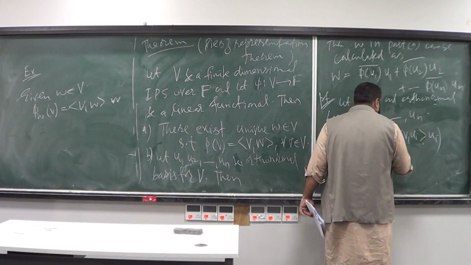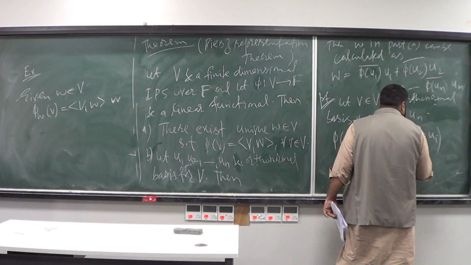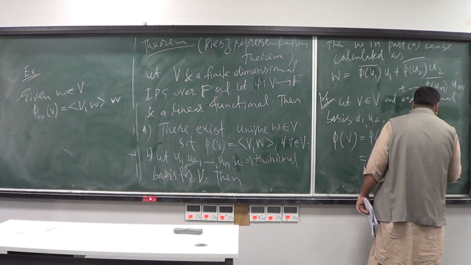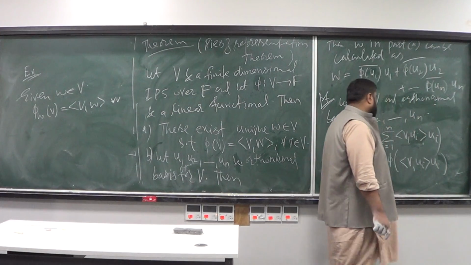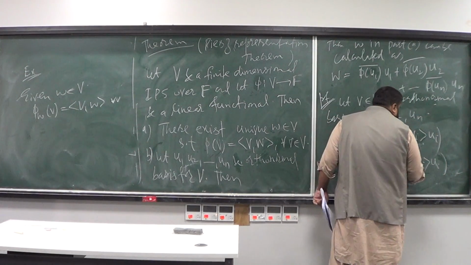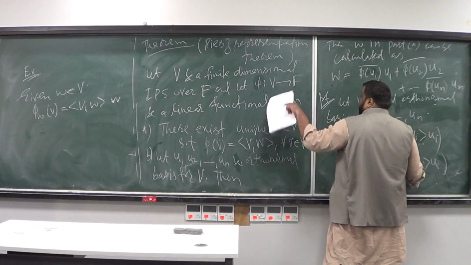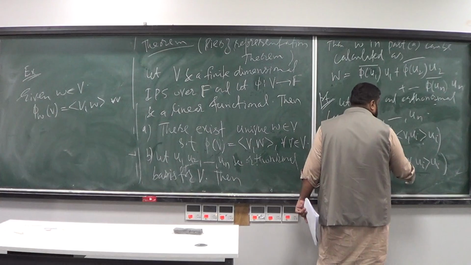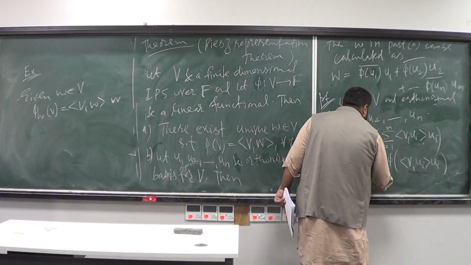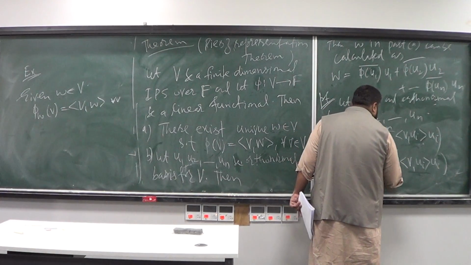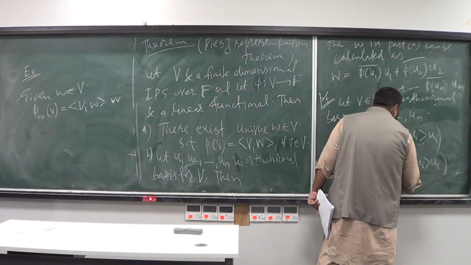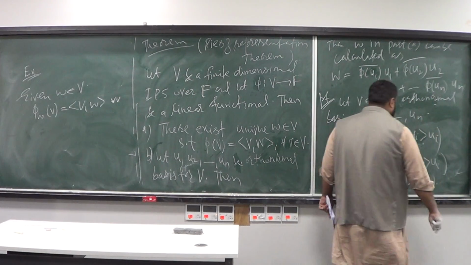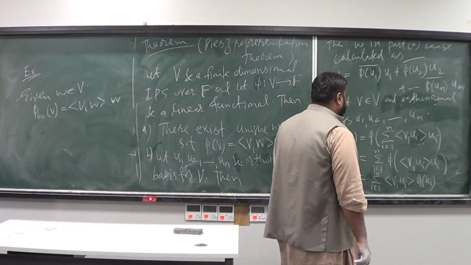So it's going to be the sum of phi of the inner product of v with ui, times ui. Now this is a scalar in the field F, so I can pull this out of phi, sum i equal to 1 to n. So it's going to be the inner product of v with ui times phi of ui.